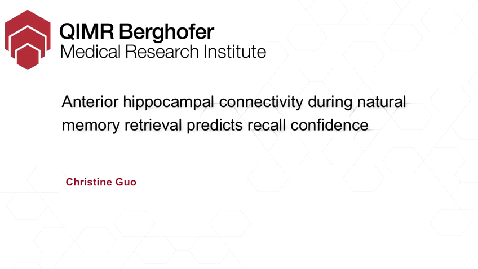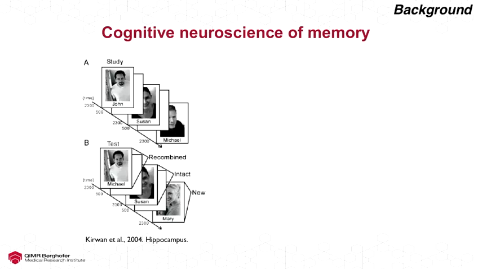So what I'd like to do is briefly tell you about a study we designed to look at a natural form of memory retrieval in the MRI scanner. As you all know, the cognitive neuroscience of memory has a long history, and there have been probably thousands of studies dedicated to the neuroanatomical basis of memory, in particular episodic memory.